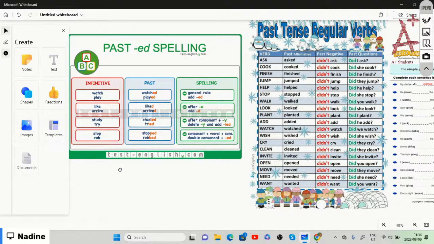Then we have study and try. What happens in this case, where we have the example study and try? In order for us to write this in the regular past tense, we need to drop the y and then add ied.